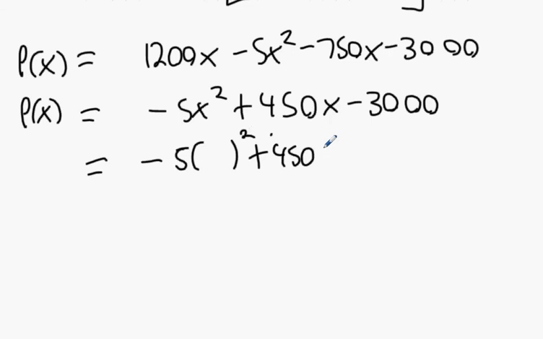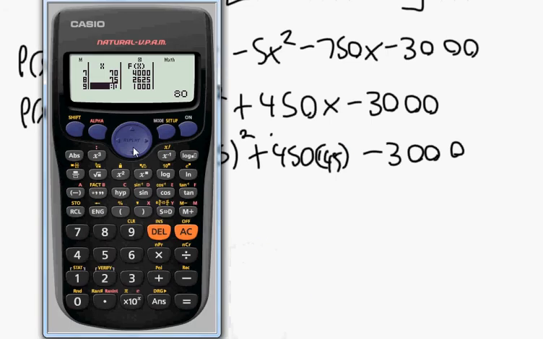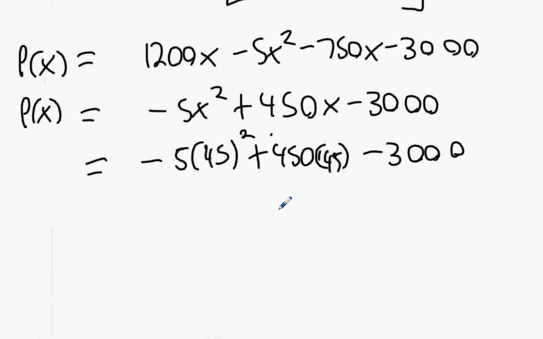And when we replace it with 45, what should happen? It'll give us the revenue minus the construction costs. It'll give us the profit. You put in 45 there, and lo and behold, the answer you'll get is €7,125 profit. Okay, that's great.